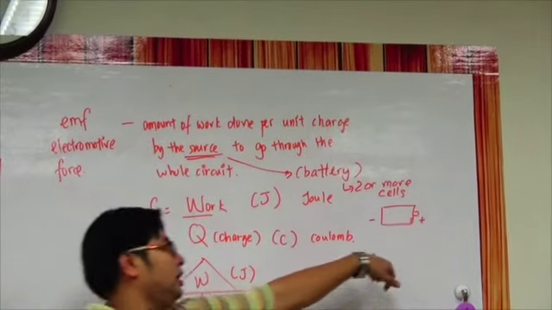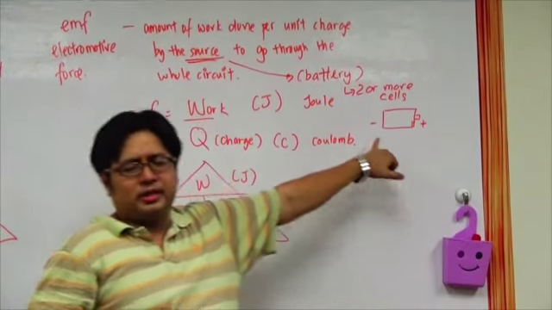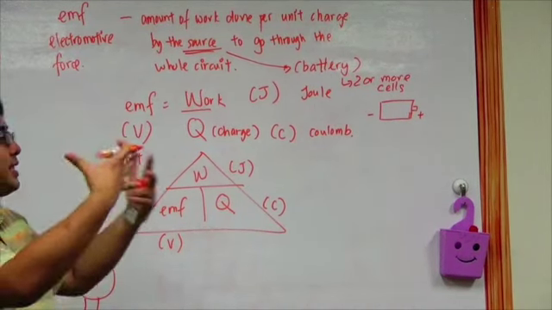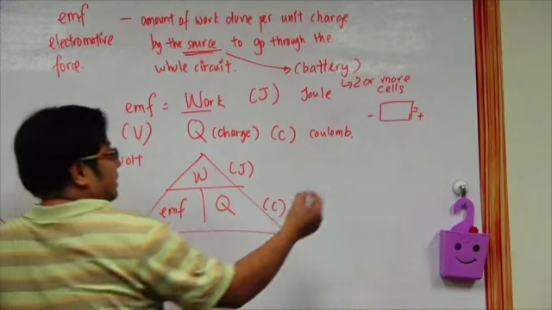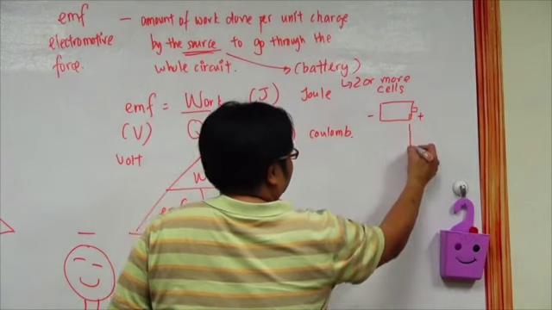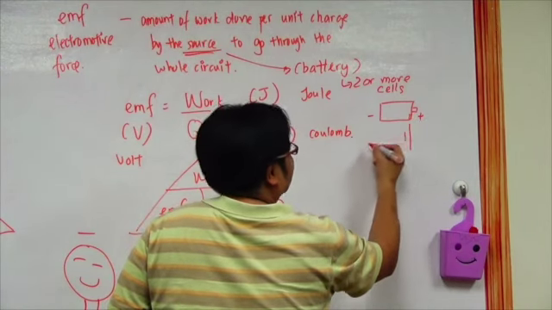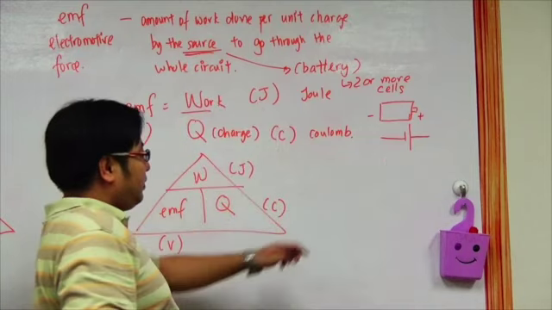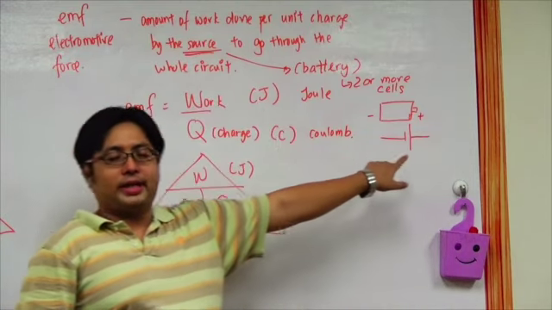But of course, as physicists, we are quite lazy. We're not going to draw the battery out. So we have a symbol for that. The long line is the positive, the short line is the negative. So what is this horizontal line? It's basically a wire.